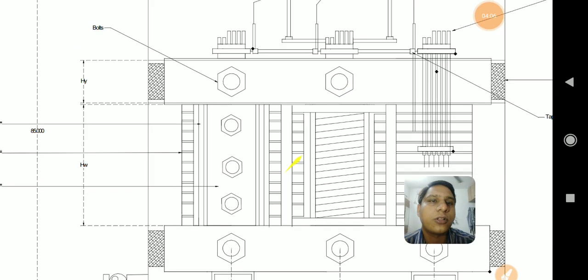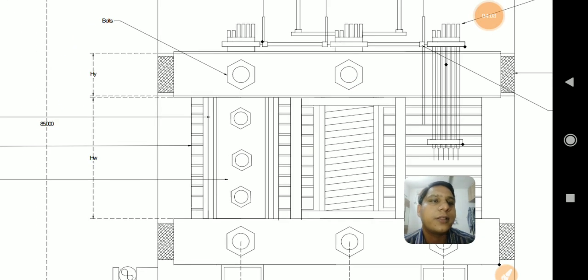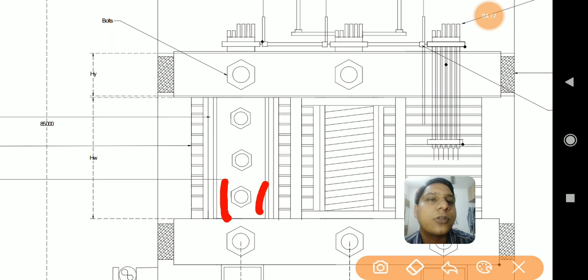If I concentrate on the first limb, the first part represented here, this much part, is actually representing a limb. After the limb, there is insulation on both sides, on the LHS as well as the RHS of this limb. Then after the insulation, there is the LV winding.